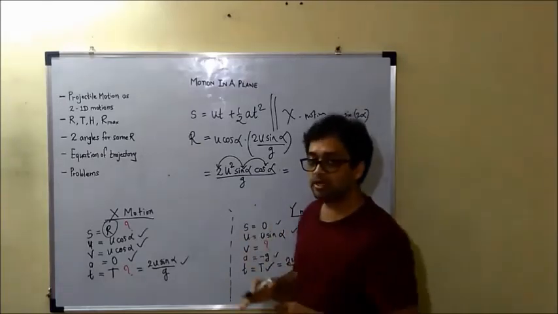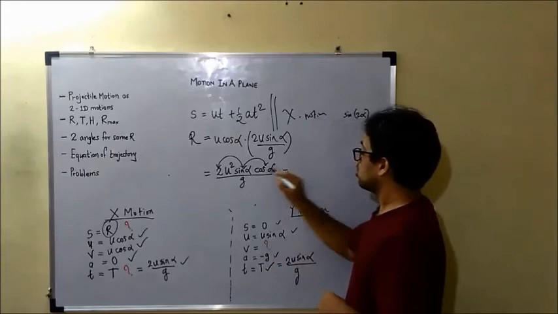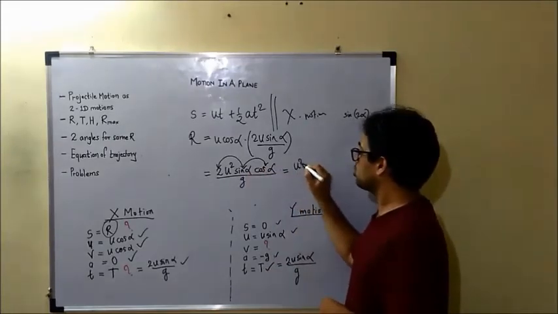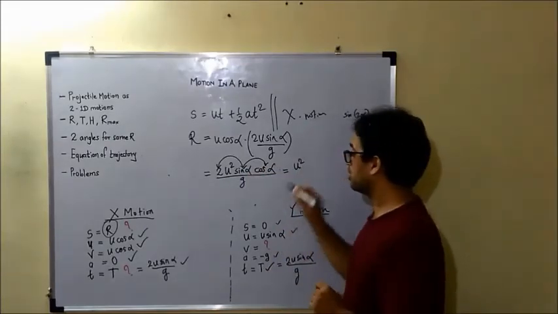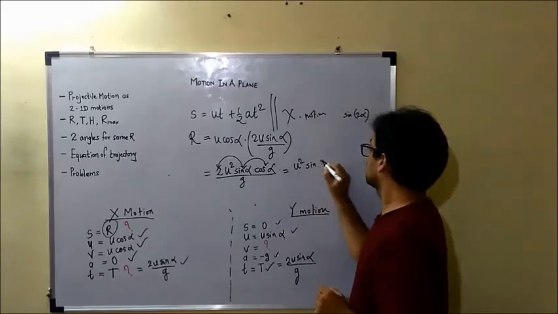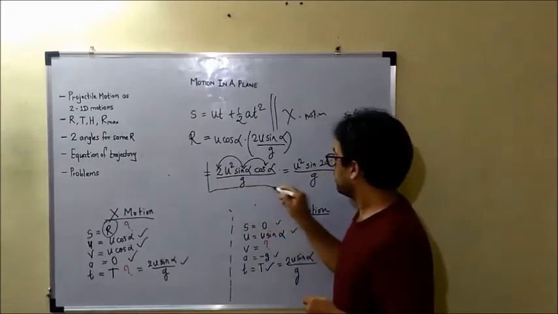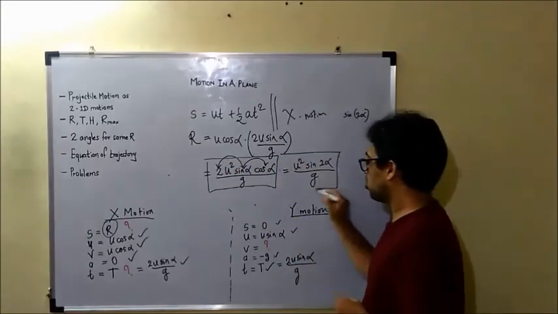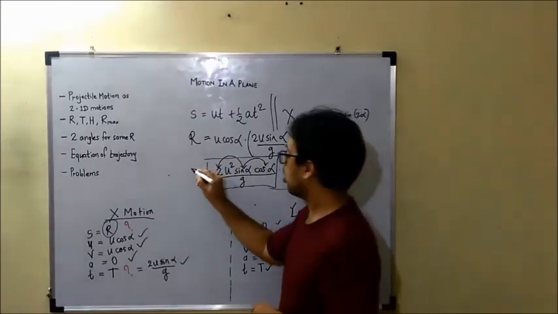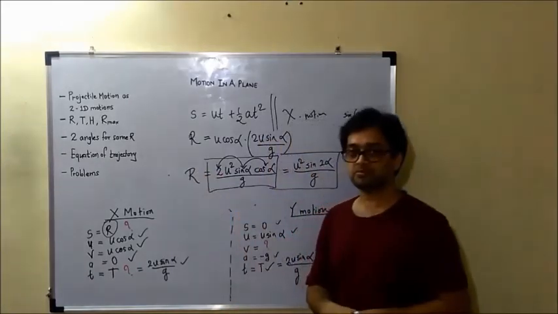There is a trigonometry identity that says this, so we can club it together just so that it becomes concise to remember. It becomes u square sine 2 alpha divided by g. So you can either use this formula or you can use this formula. It's going to give you the same answer for range.